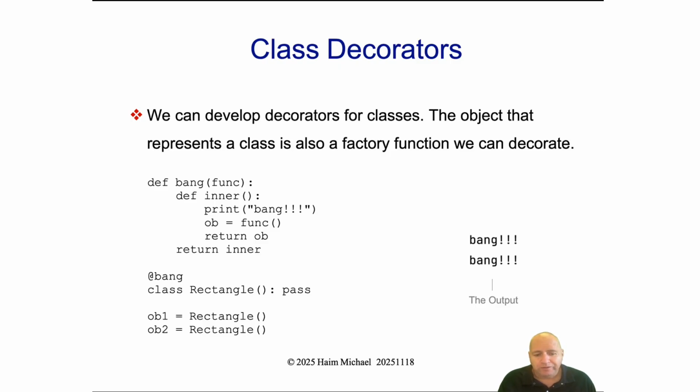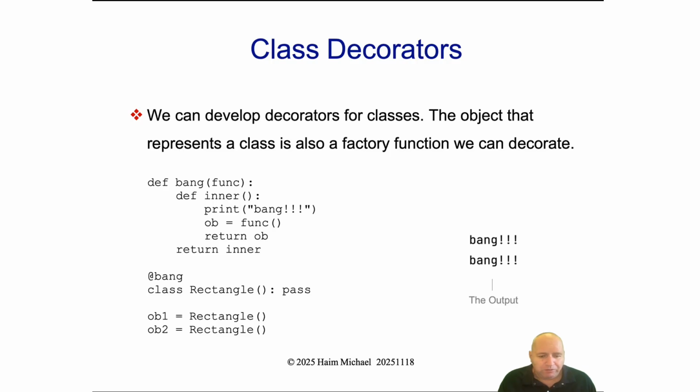Actually, whenever we instantiate rectangle, we actually call the rectangle function, but as you can assume or understand, following the previous samples, when calling the rectangle function, we actually call the inner function. So inner function prints bang, and then it calls func, which is actually calling rectangle, and whatever rectangle returns, this is what the inner function returns.